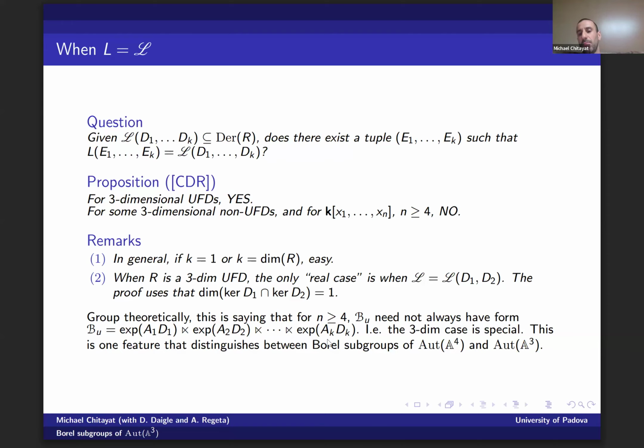But that's not true anymore in higher dimensions. So this is one feature that distinguishes between Borel subgroups of Aut A^4 and Borel subgroups of Aut A^3. Somehow the automorphism group of A^4 is more complicated than that of Aut A^3.